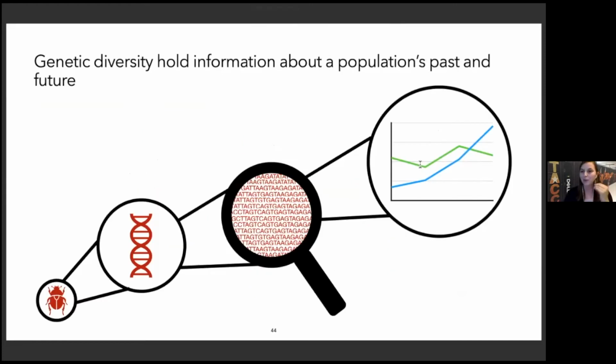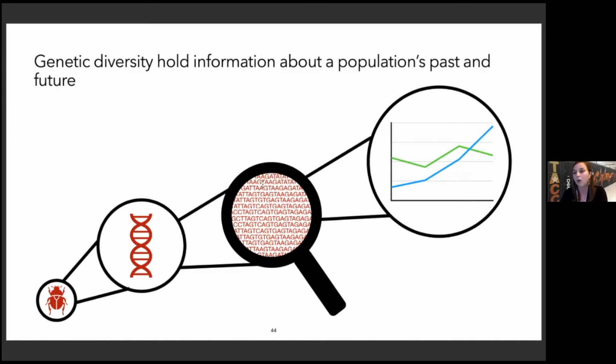So one really cool thing is that your DNA holds a lot of information that we can extract using various tools to get information about how that population has lived in the past and how it might be impacted in the future.